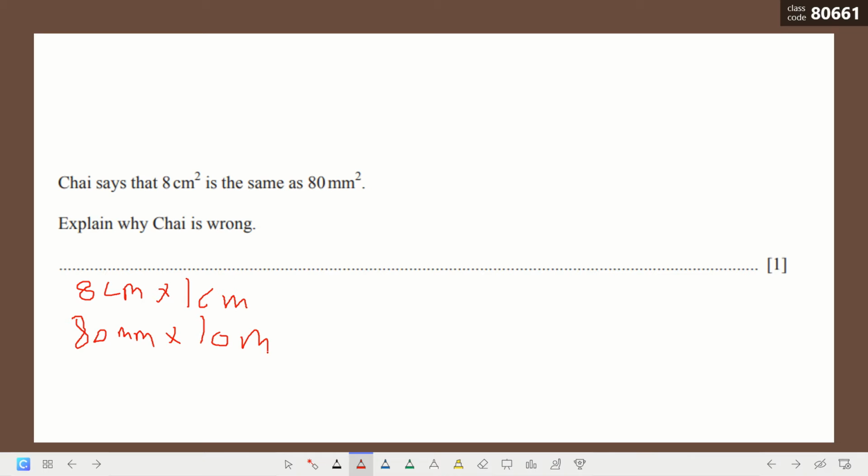Now if I multiply them, 80 times 10 is equal to 800. Millimeter times millimeter is equal to square millimeters. That means 8 square centimeters equals 800 square millimeters. That's it. Thank you very much.